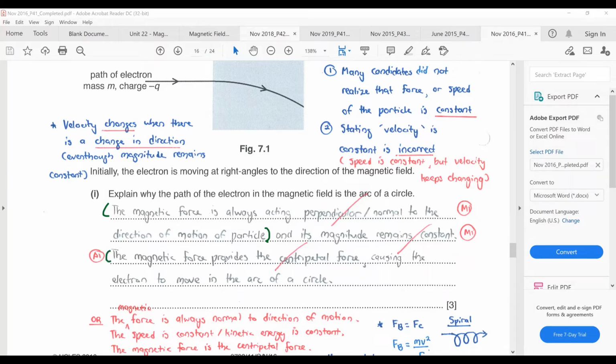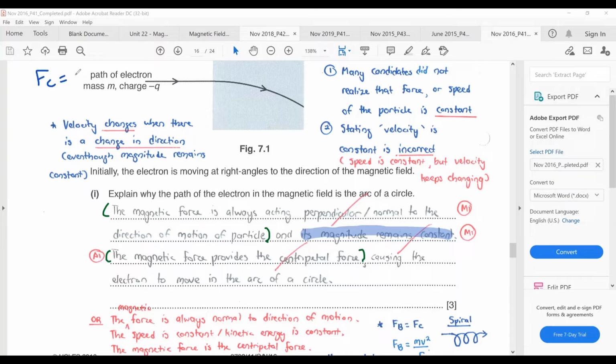The other part, the magnetic force provides the centripetal force causing the electron to move in the arc of a circle, this one you also understand. These 2 points are directly related to each other. This gives you your 2 marks. But where did the 3rd mark come from? The 3rd mark comes from this. The magnitude remains constant.